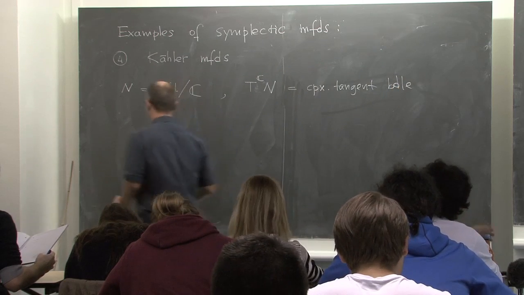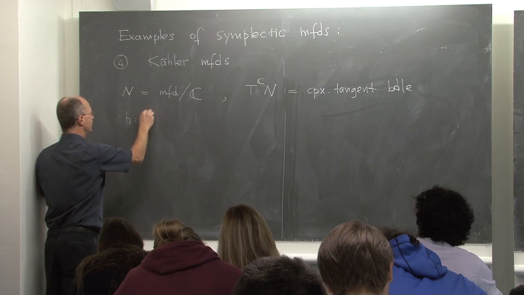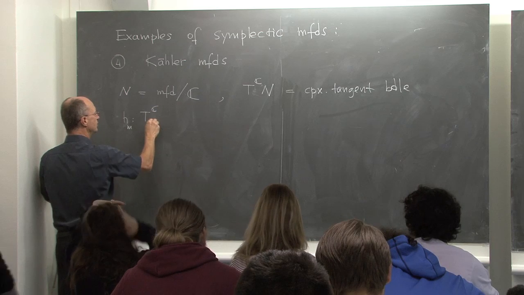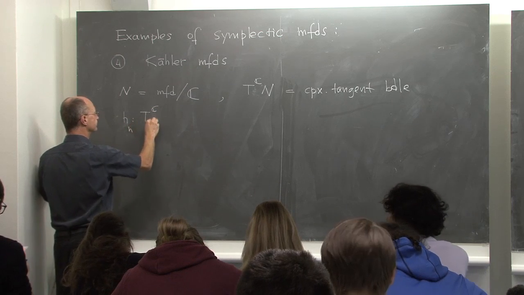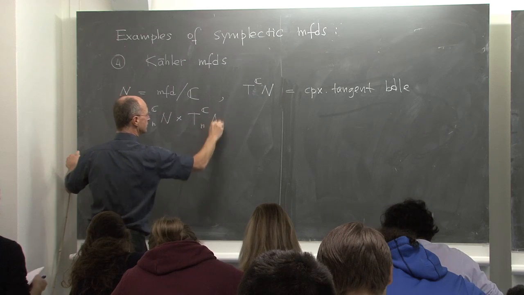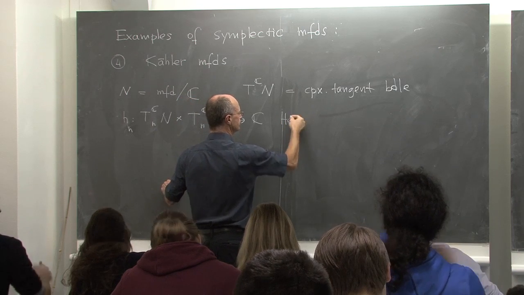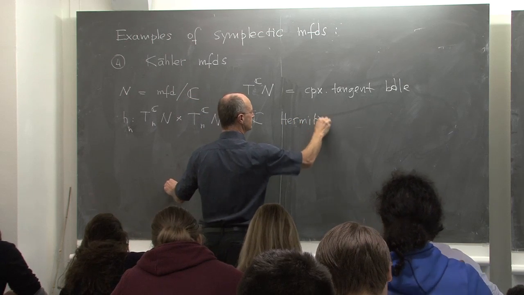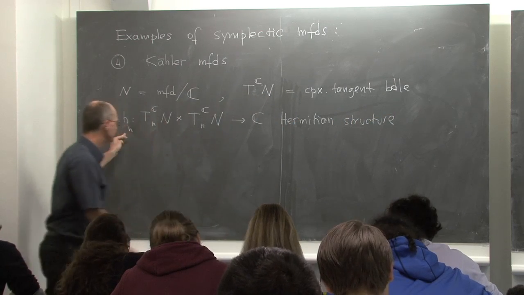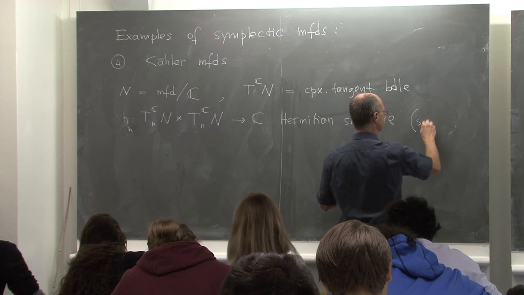tangent bundle. And we would like to have on this complex tangent bundle, at a point n, a Hermitian structure, which nicely, smoothly depends on the point.